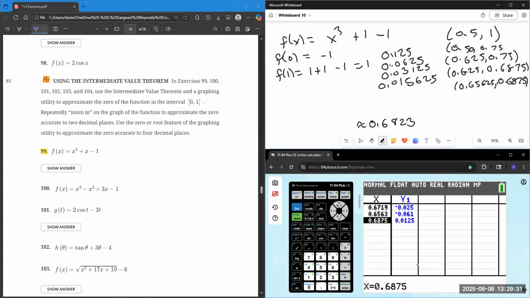So 0.671875 and 0.6875, to 0.67 and 0.69, so getting very close.